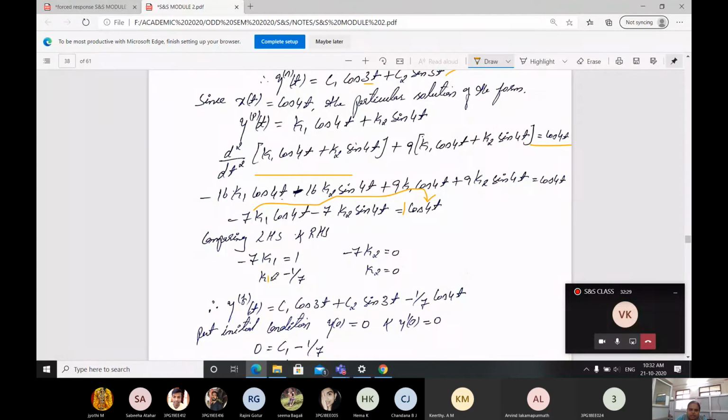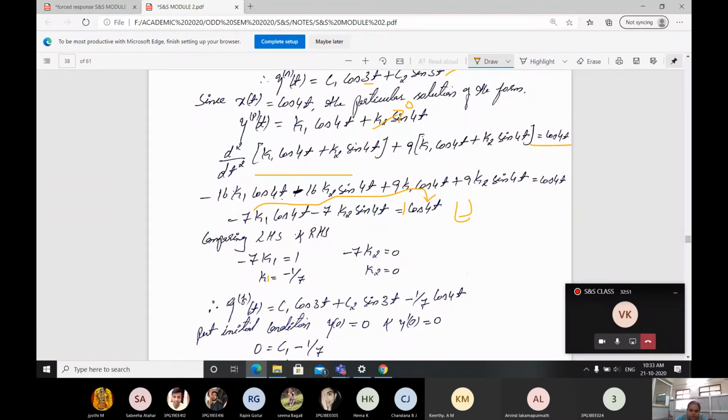Therefore, k1 is minus 1 by 7. The sin term is not there, so it will be 0. Therefore, minus 7 k2 equals 0, so k2 is 0.